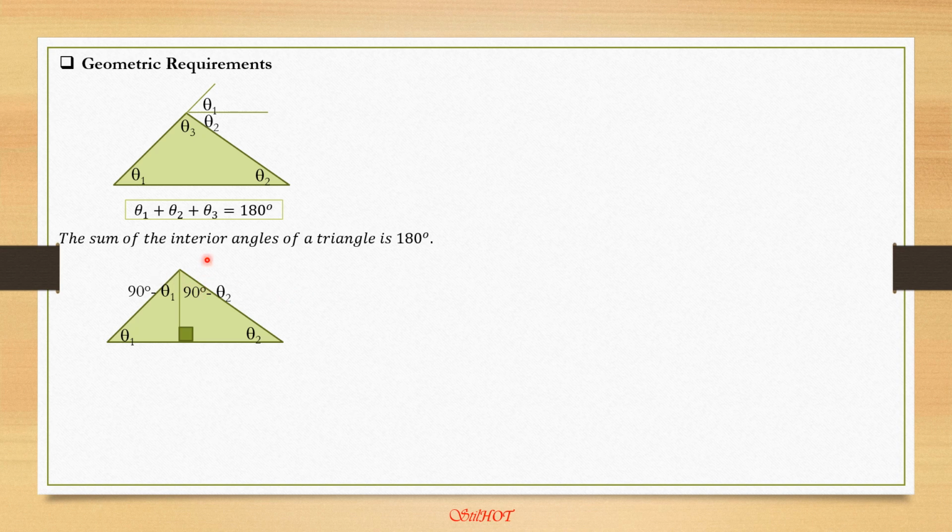Since theta 3 is expected to be 180 degrees minus the quantity theta 1 plus theta 2, we add these angles, 90 degrees minus theta 1 and 90 degrees minus theta 2, and equate it to theta 3. So we get the same answer, that is theta 3 equals 180 degrees minus the quantity theta 1 plus theta 2, as expected.